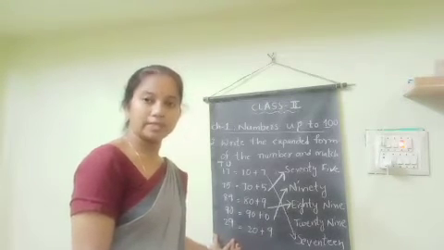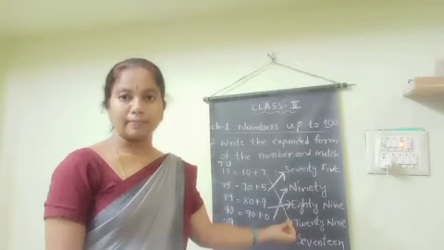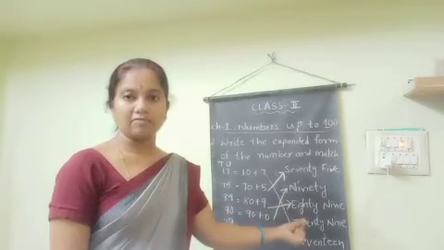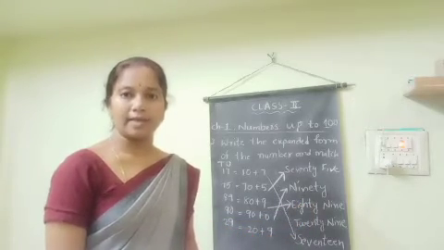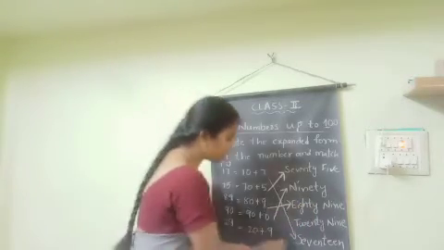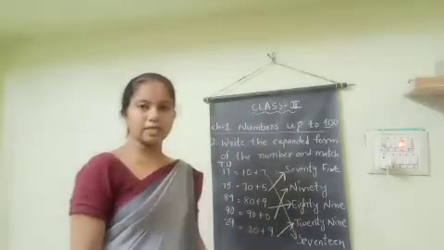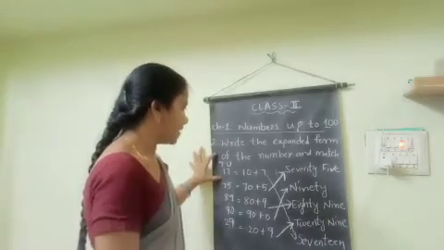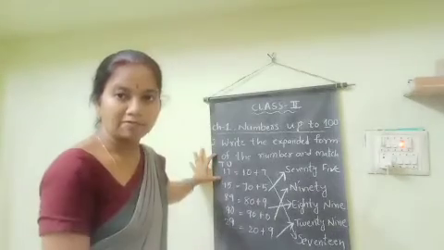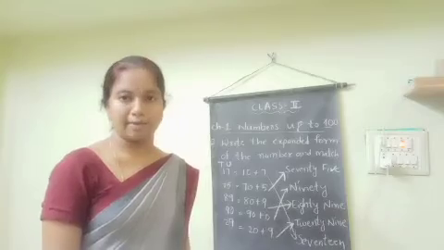This is 29. Then how to spell this 29? TWENTY 20 and NINE 9. Where is it? Yes, here it is. So match with the number name. First you should find the expanded form of the given numbers and then match with the number name.